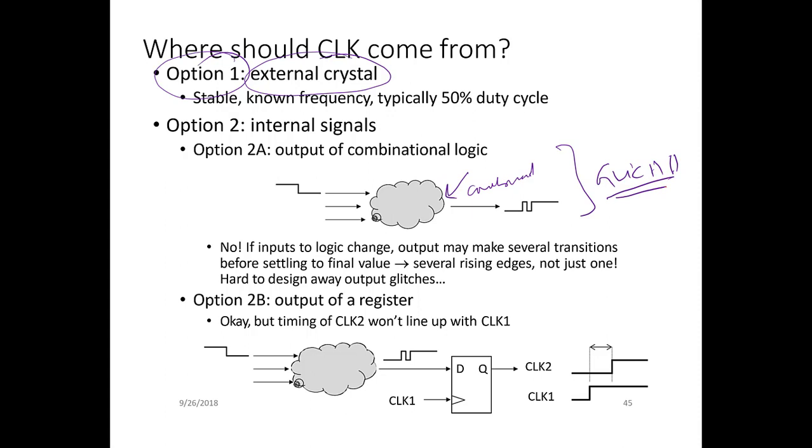It is always safe, if you have a digital system, to follow this methodology: a register, then combinational logic, and then another register. So always do it like this: if you have your combinational logic here, always put a register there.